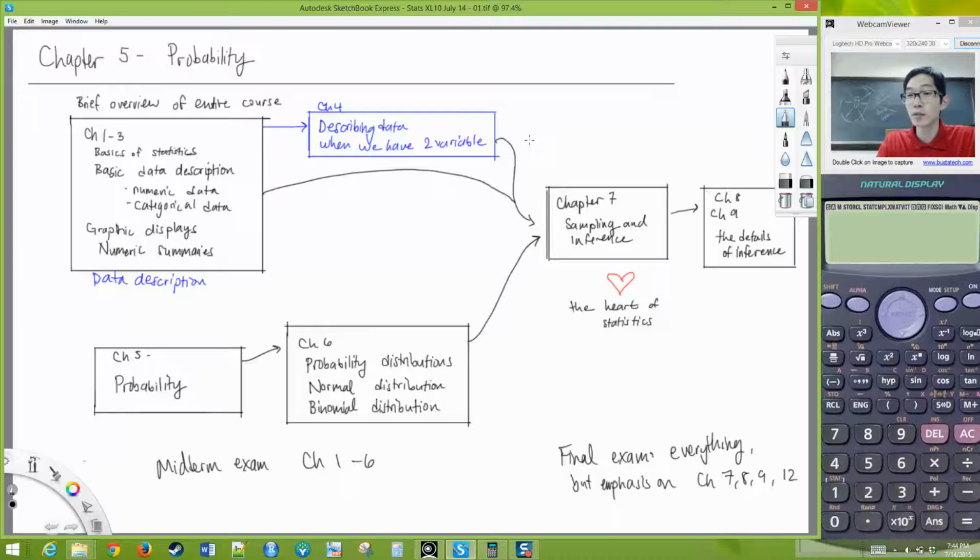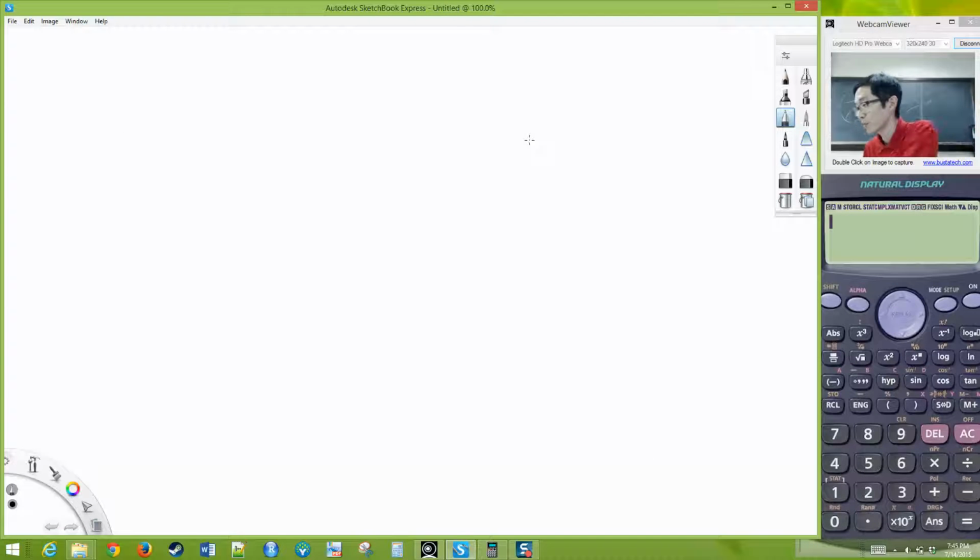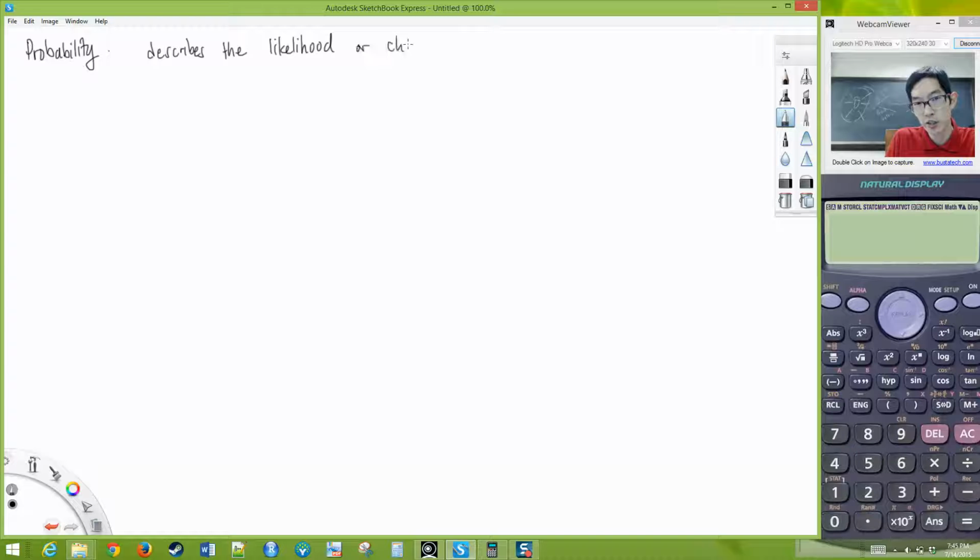We're going to enter the world of probability. So we talk about probability, and probability describes the likelihood or chance that an event will occur.